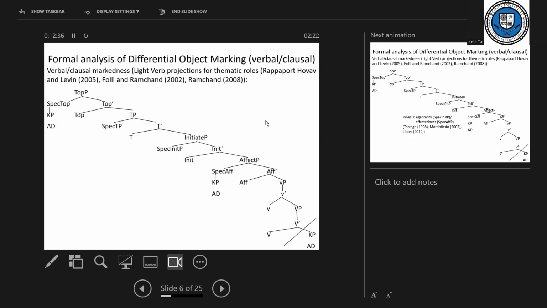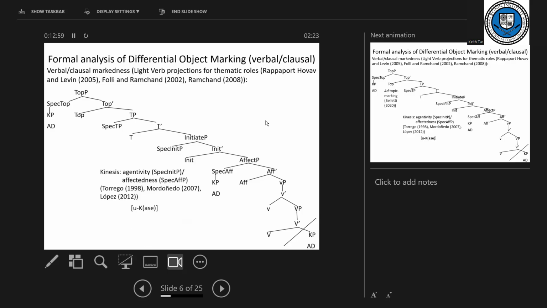So the objects are being affected by an agent. And adopting the standard analyses, we can project the affected objects in spec of affectee, and also the agent in the spec of InitiateP, adopting Ramchand, also Folli's analyses.